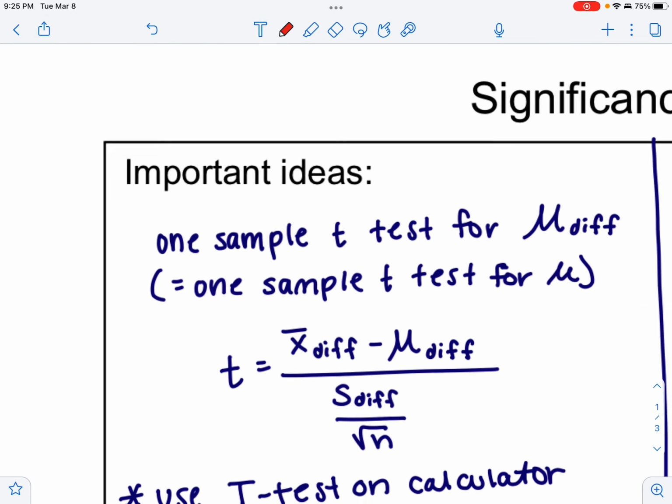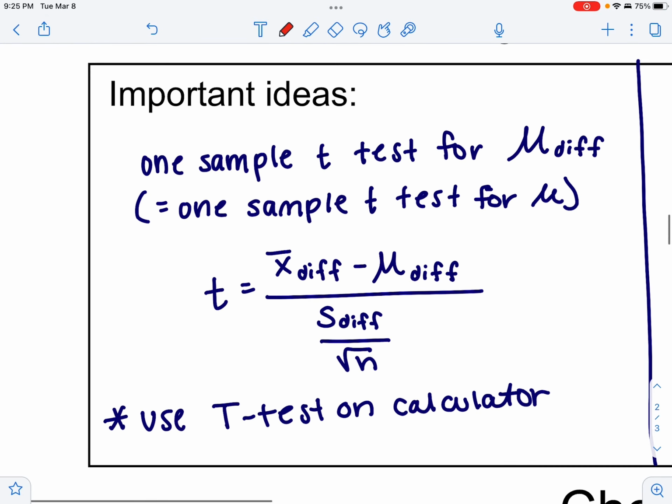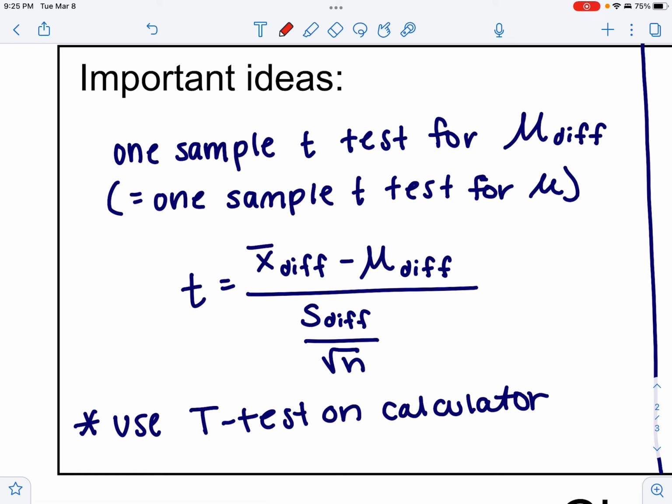Okay, so moving on to the important ideas. The first one is all about these mean difference tests. Remember that the name of the procedure is a one sample t-test for mu sub difference. But really, it is the same as a one sample t-test for mu. It's the same process, the same ideas.